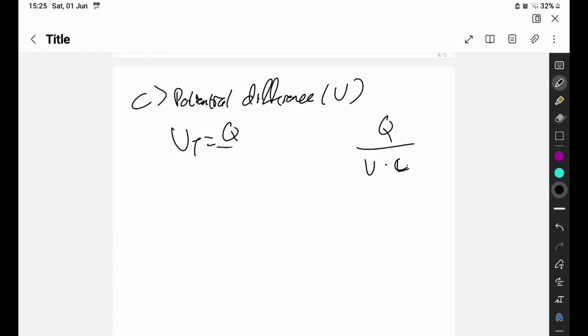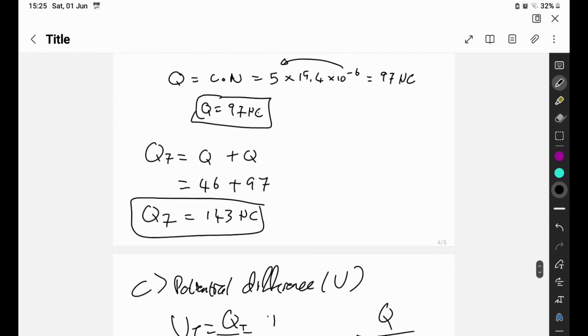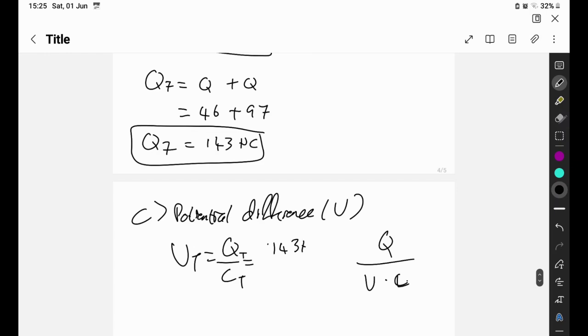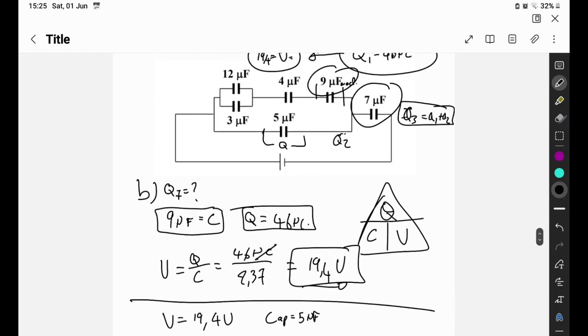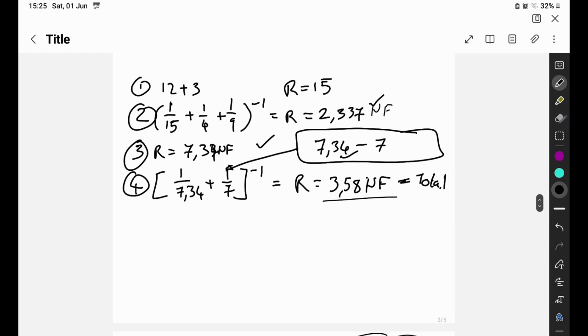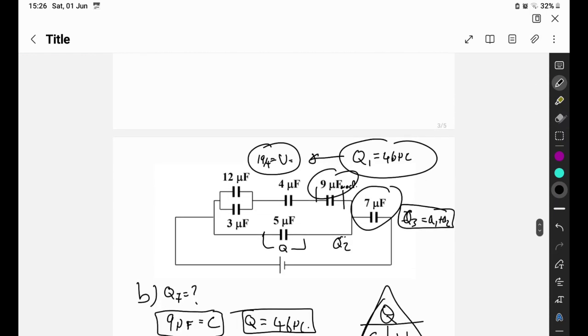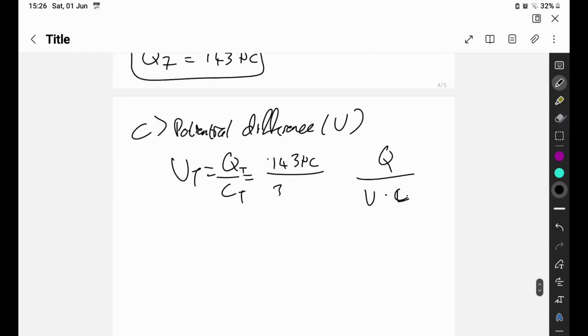So V is equal to Q over C, which is equal to the total Q over the total capacitance, which we did over here, is 3.58 microfarads. Micro cancelled, so we have 143 over 3.58 equals V total is equal to 39.94 volts.